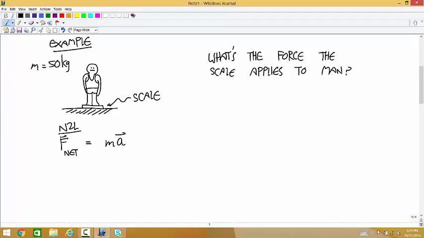So what forces are acting on the man? There's two of them. There's gravity, and if we choose the y-axis up, we know that gravity is acting down, so that's in the negative y direction. So that says 0, negative 50 times 9.81.